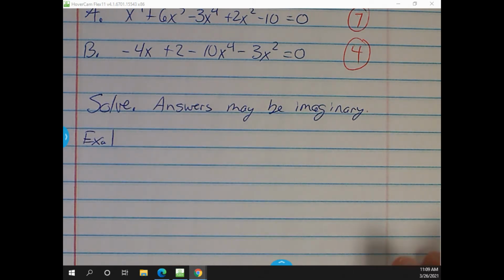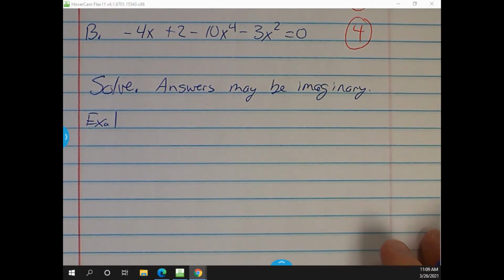All right, so we're going to do 2 or 3 just to make sure everybody's still comfortable with doing synthetic division and checking and seeing what all you can do for these.